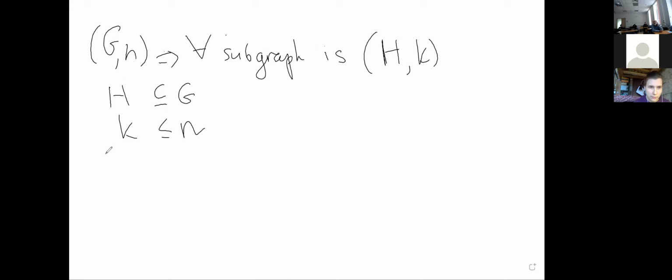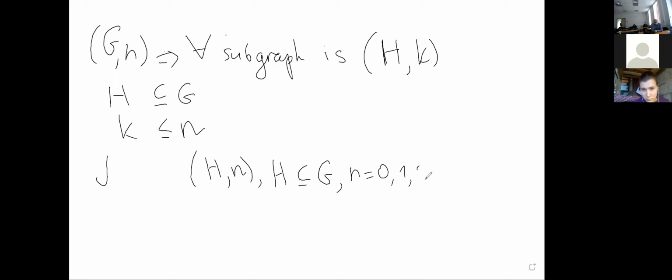So the graphs of the form Hn, where H is a subgraph of G and n equals 1, 2, and so on, they generate a Hopf algebra.